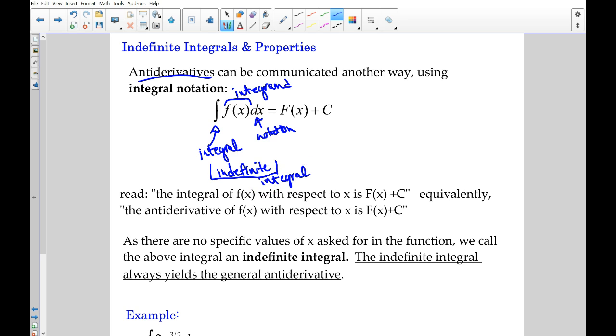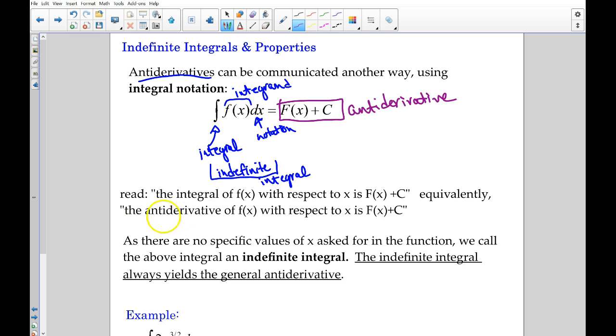And what this notation produces, over here, this is an antiderivative. All this notation is just communicating mathematically: find the antiderivative of little f, and you get out the antiderivative on the other side.